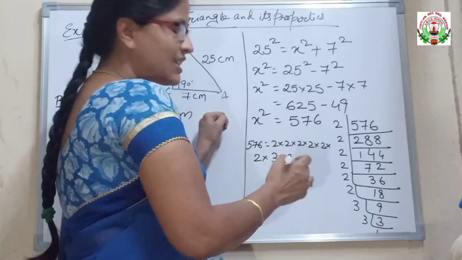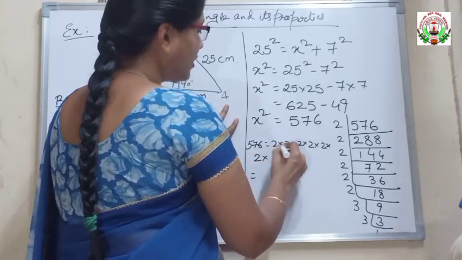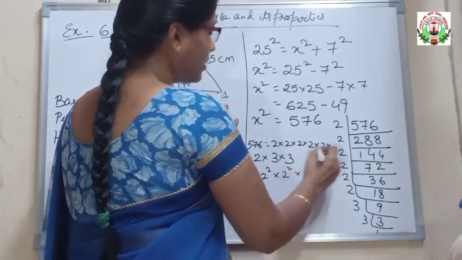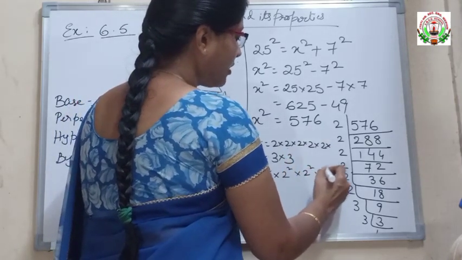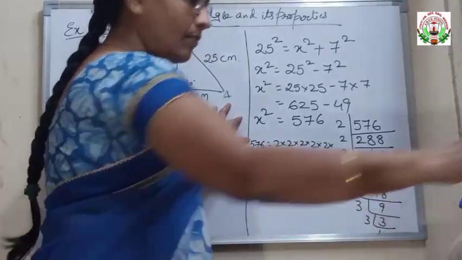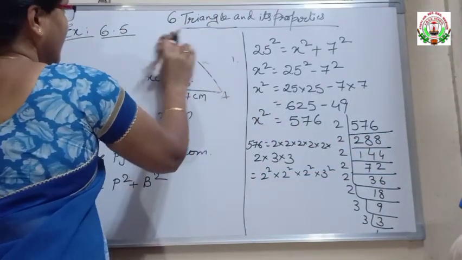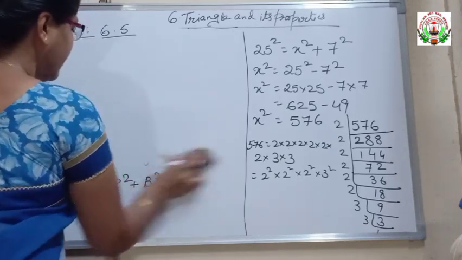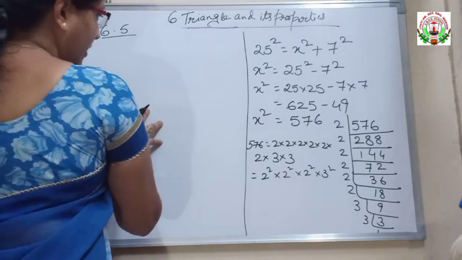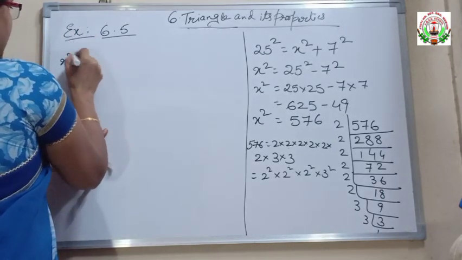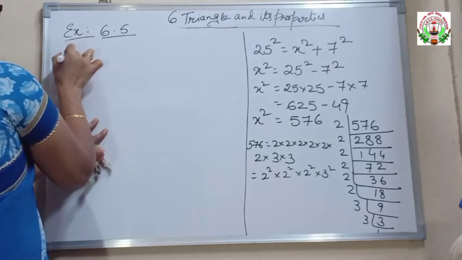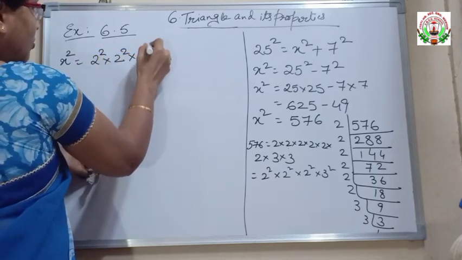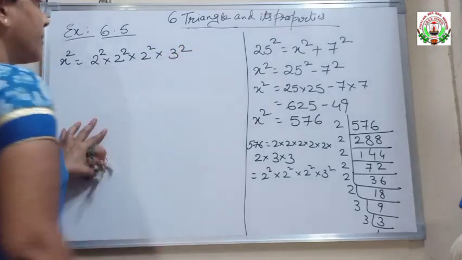So let us write it in squares. These two will be 2 square, into these two will be 2 square, into these two will be 2 square, into 3 square. So x square is equal to 2 square into 2 square into 2 square into 3 square.